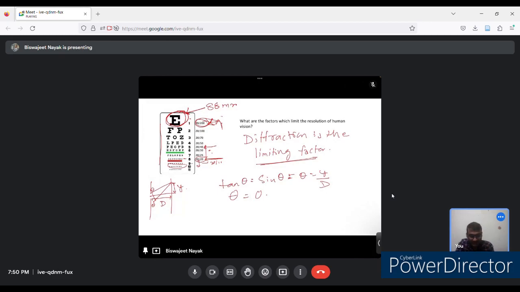Here, as this E value is 88 millimeter, if we are considering this letter, what should its dimension be? It should be around 8.8, right? Because it's 0.1 times of this.